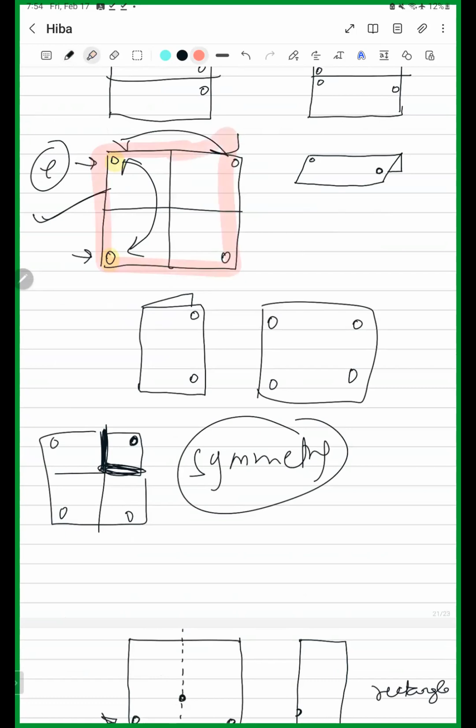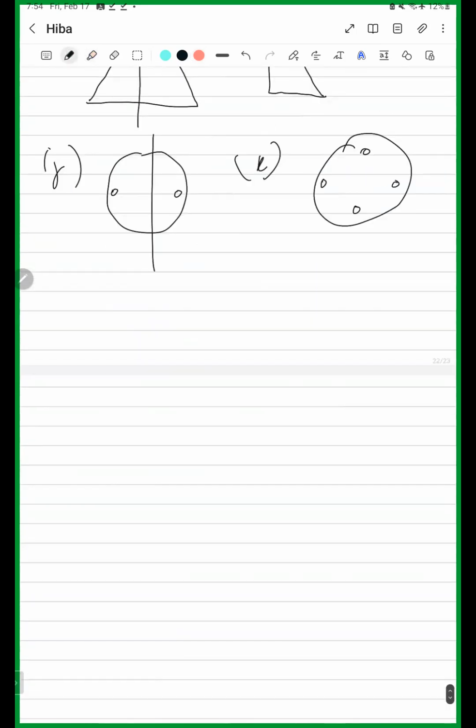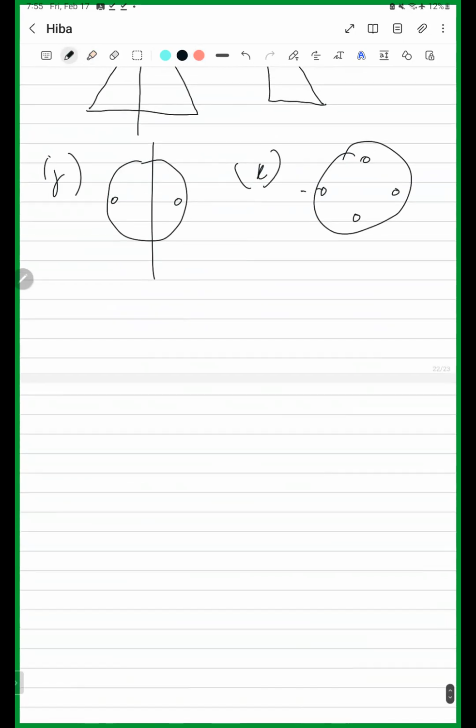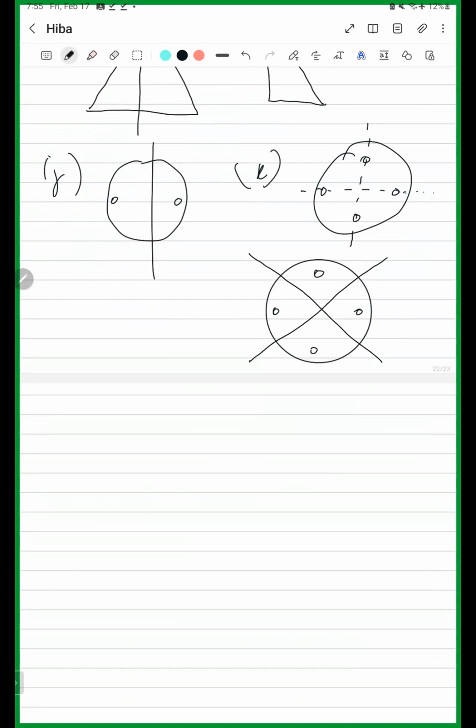You can have it in 2 ways. You can get it like this, or you can have it like this also. One here and one here. Okay. Either of them is fine.